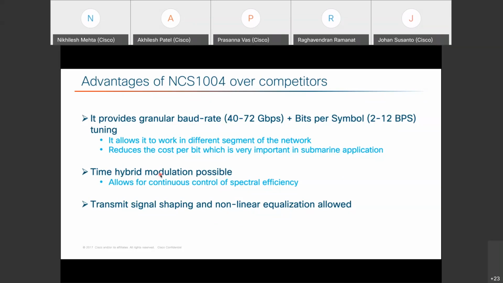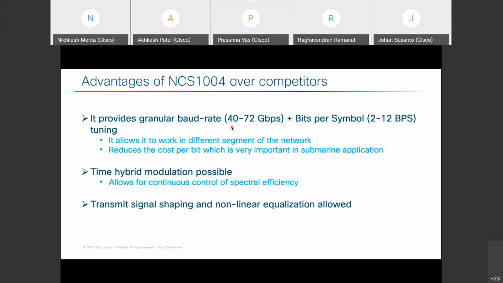As I told you earlier, the baud rate can be changed from 40 gig to 72 gig, and the bits per symbol can also be changed from 2 bits per symbol to 12 bits per symbol. Since this fine tuning is available, it's a big advantage for NCS 1004, so that we can work in different segments of the network.